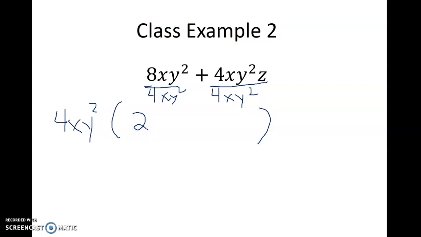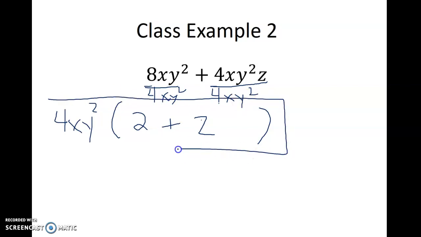Y squared divided by y squared, there are no y's. Plus 4 divided by 4 is just 1. X divided by x, no x's. Y squared divided by y squared, no y squareds. And then we have the z. And that's our answer, 4xy squared times 2 plus z.